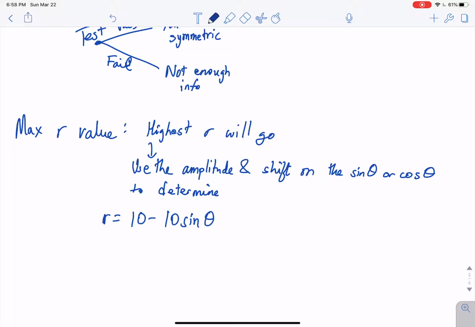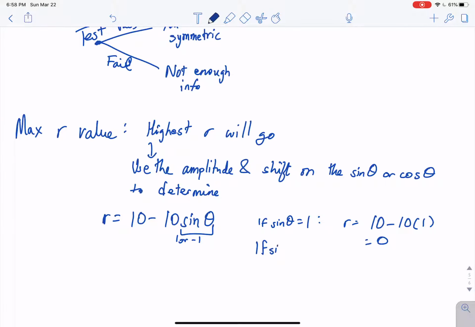Well, if sine theta is -1, that's an extreme value of sine, right? It can either be 1 or -1. Well, if sine theta is 1, then R is going to be 10 minus 10 times 1, which is 0.